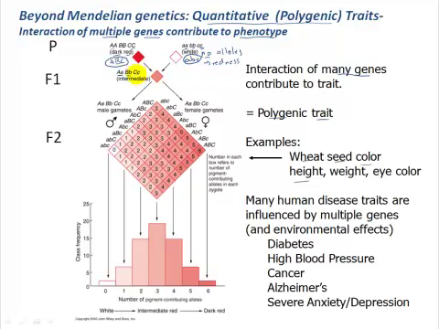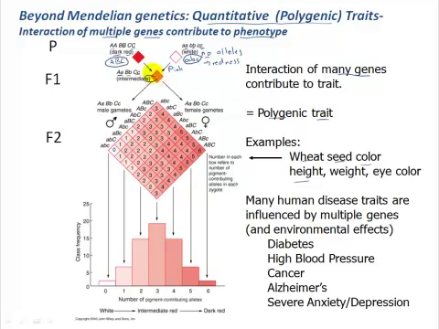And what we would expect to see in our F1s are individuals that are heterozygous at all 3 genes. So an intermediate phenotype, halfway between the 2 parents, pink, let's say, right between them. Well, so far this kind of looks like incomplete dominance, right? And the way that we would be able to distinguish this from incomplete dominance is in the next generation.